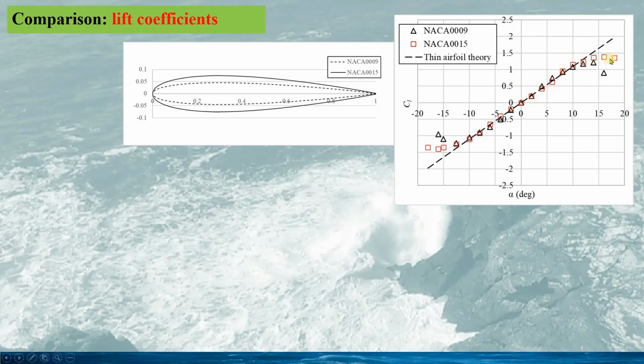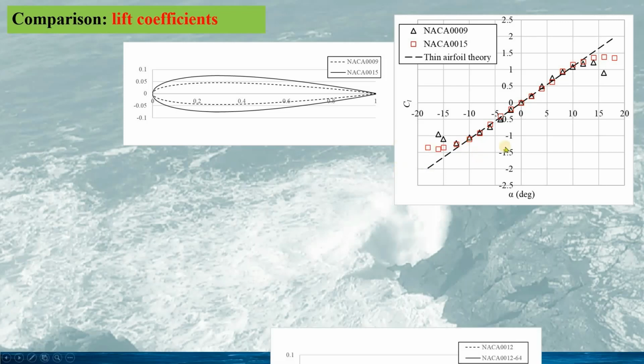And the large difference between these two airfoils is the lift coefficient in the stall condition here and here. And we can see from the comparison, NACA 0015 has a mild stall lift drop.